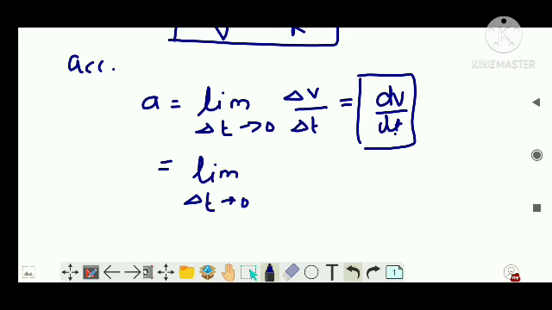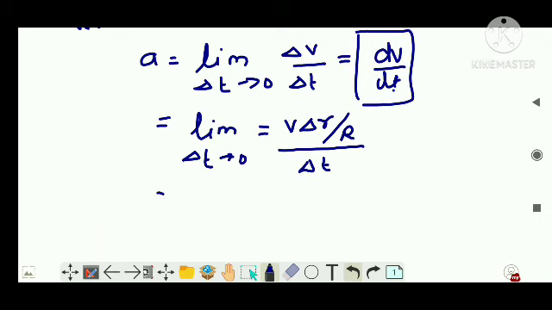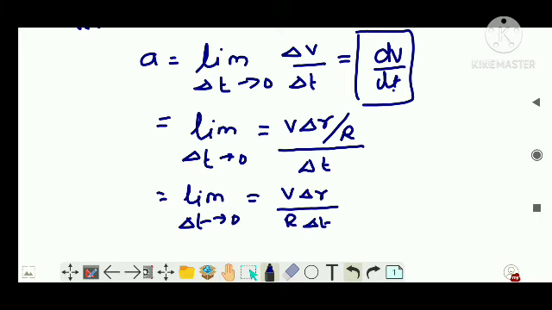In place of delta V, I hope you understood why I told you to rearrange it. It's okay if you didn't. Delta V is equal to V into delta R by capital R, whole divided by delta t. So I can write the limit as delta t tends to 0 of V delta R by capital R delta t.